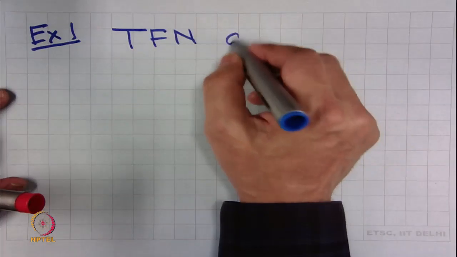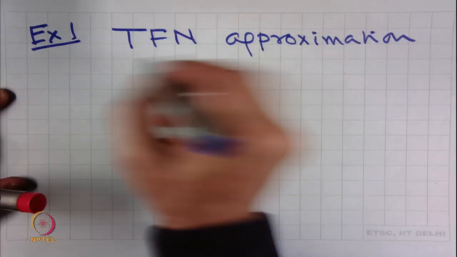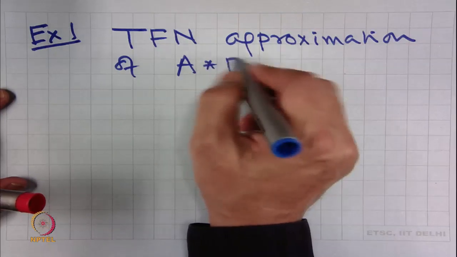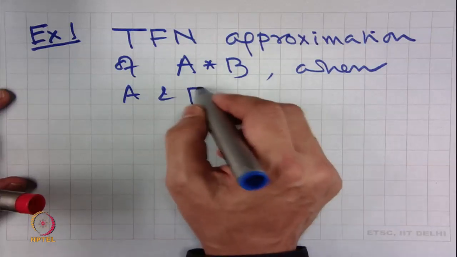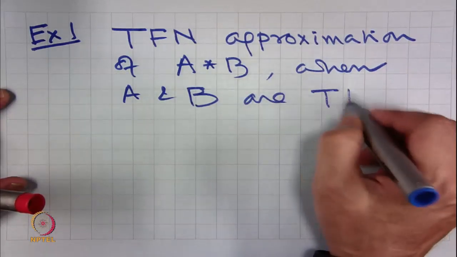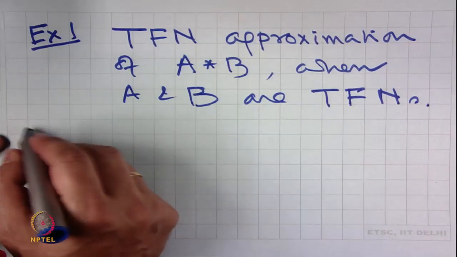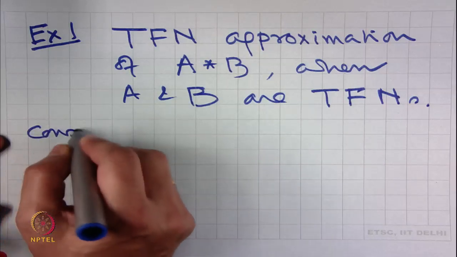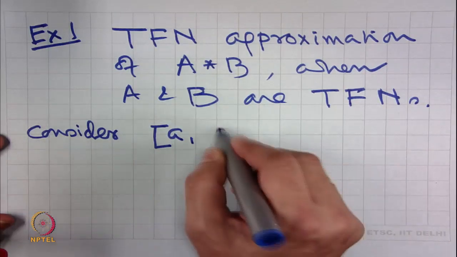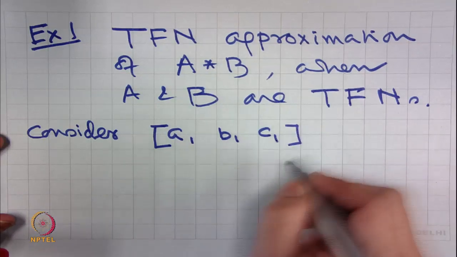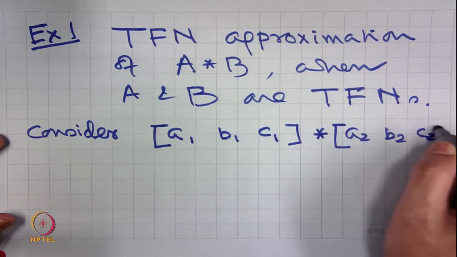Example 1, TFN approximation of A star B when A and B are triangular fuzzy numbers. How to do that? So, consider A1, B1, C1 star A2, B2, C2.